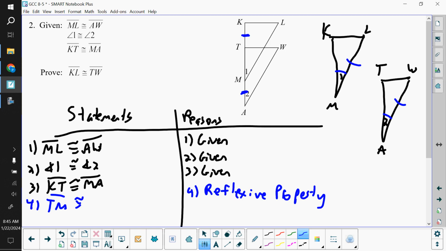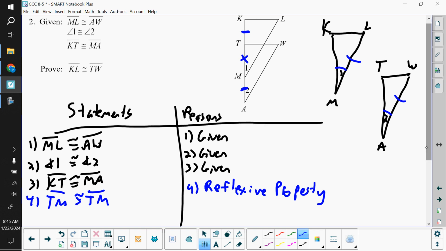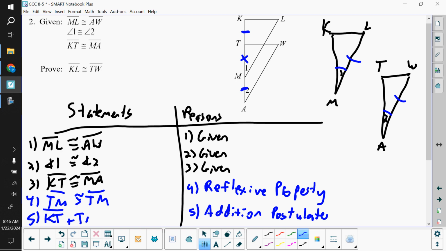And that would give us TM congruent to TM. And now we can do our addition postulate. So we're going to have KT plus TM is congruent to MA plus TM.